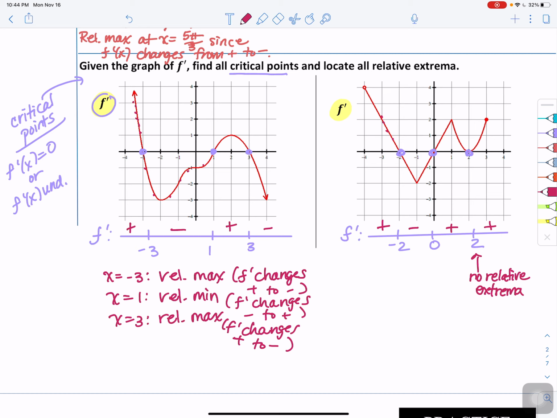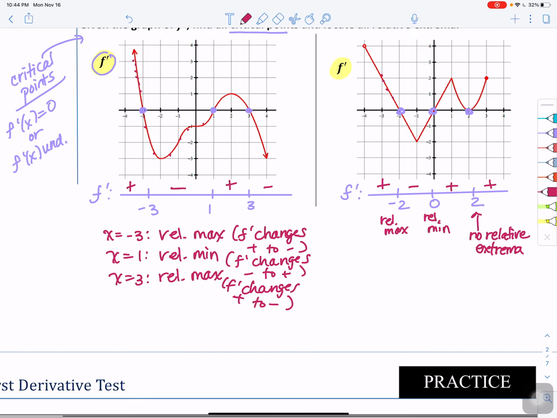Okay, so here we're going from positive to negative, so we have a relative max. Negative to positive, a relative min. Let's knock these out.